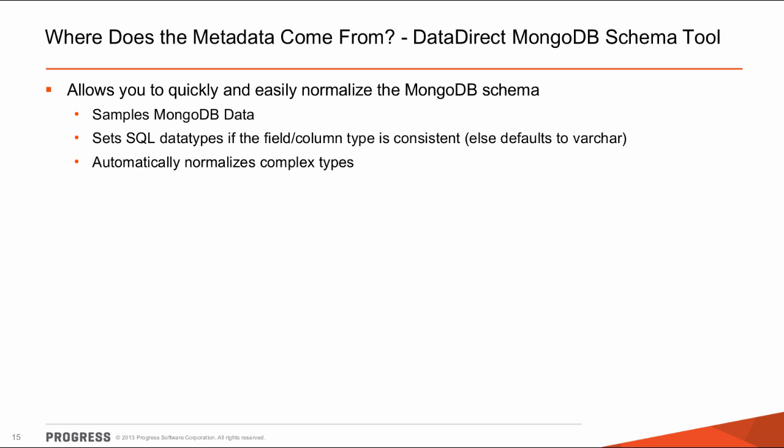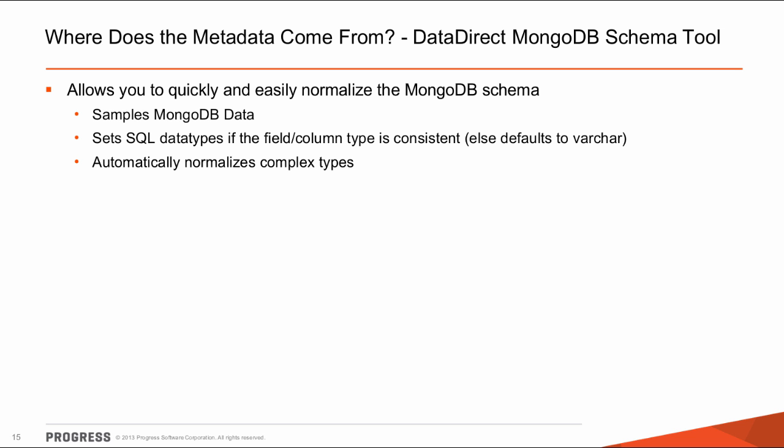It samples the data in the MongoDB collection to present to you some information in order for you to make those decisions. It proposes data types based on that sampling that you can then choose to override.